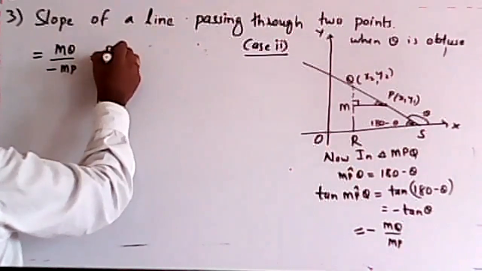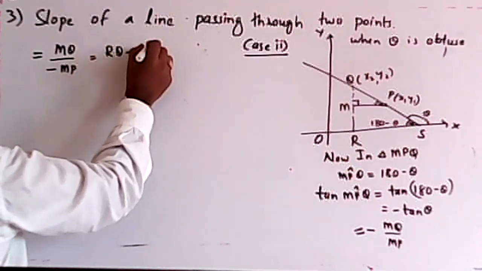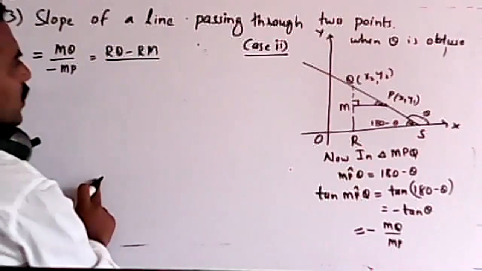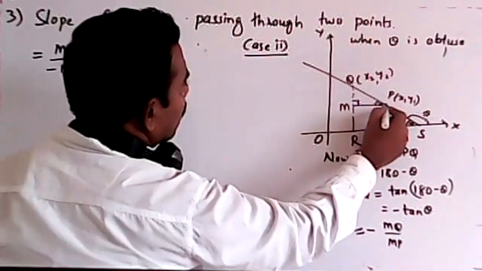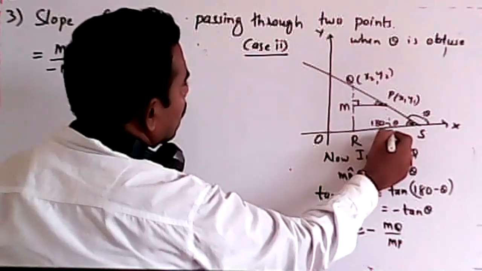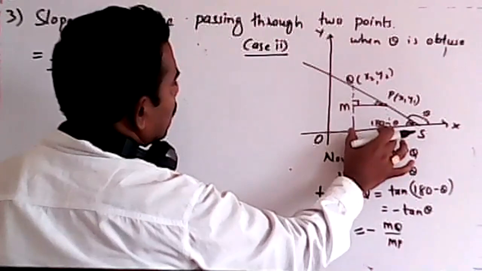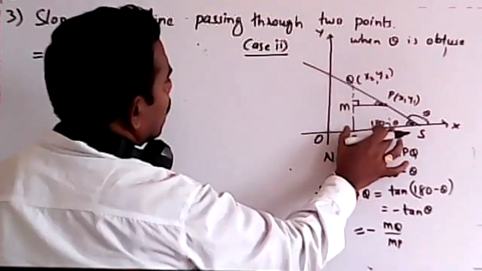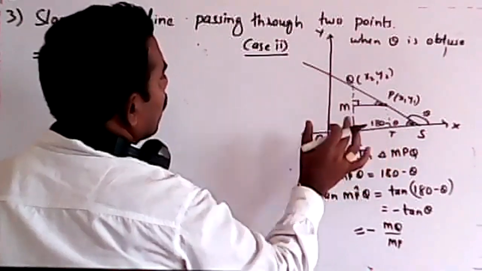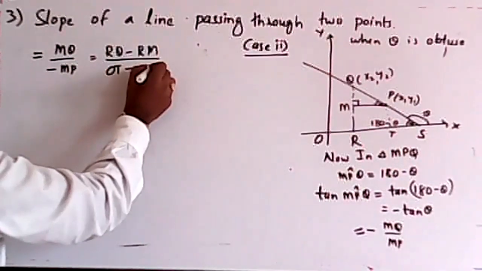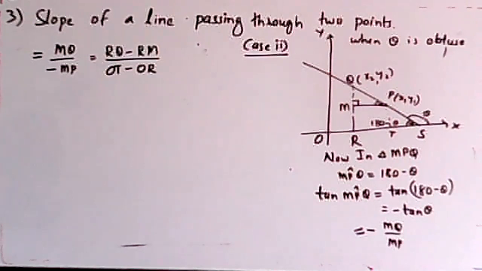MP, you can make a dotted line here and call it T. This much is MP. Then it is OT minus OR. That is MP.